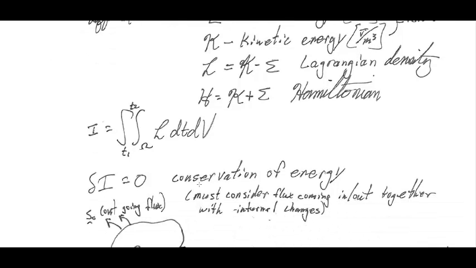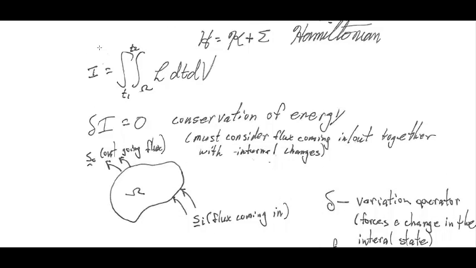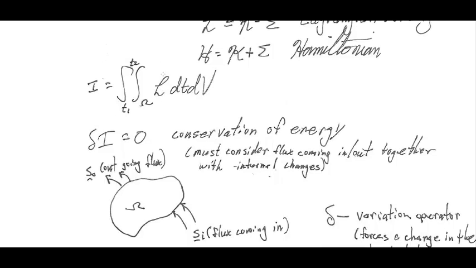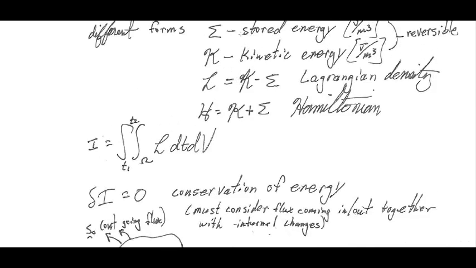Alright, next thing important on this page is this action integral, which describes the integration of this Lagrangian. And remember, my stored energy and my kinetic energy are in terms of an energy per volume. That's why we call it density.